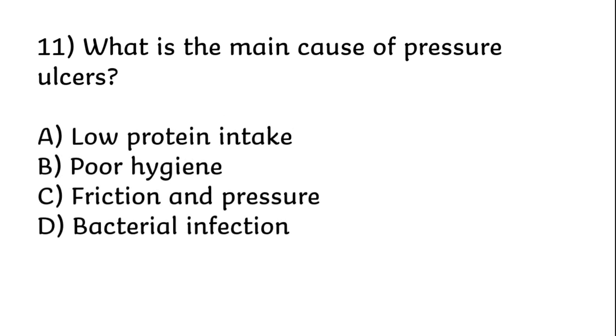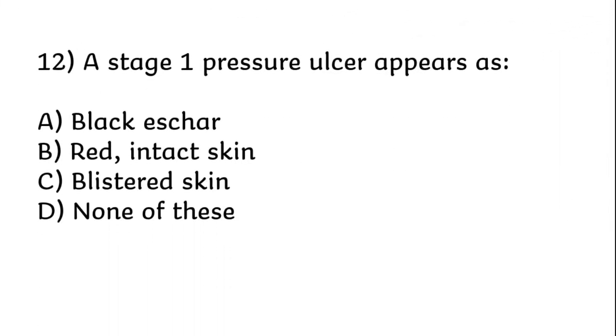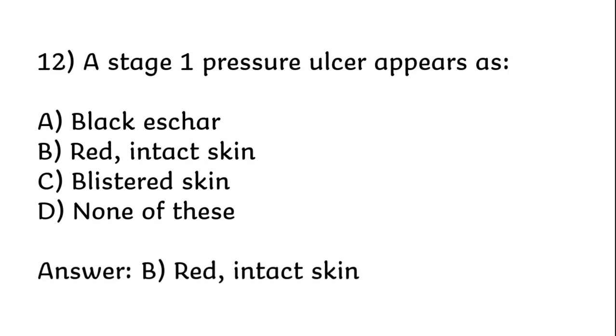Low protein intake, poor hygiene, friction and pressure, bacterial infection. Correct answer is option C, friction and pressure. A stage 1 pressure ulcer appears as black scar, red intact skin, blistered skin, none of these. Correct answer is option B, red intact skin.